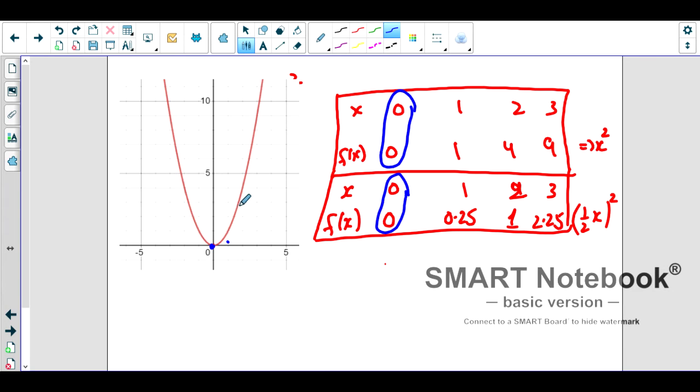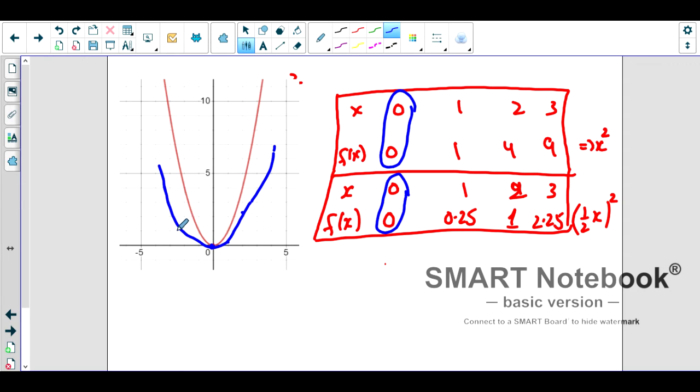On 2, before it was 4, now it is 2.25 something here. So what you observe is that the graph is opening, it is stretching. Same on this side, it stretches.